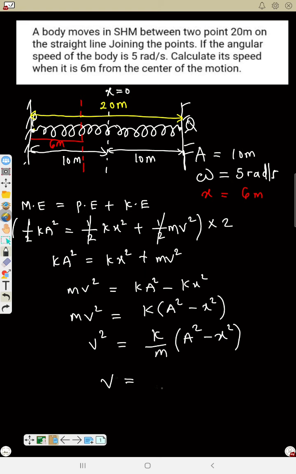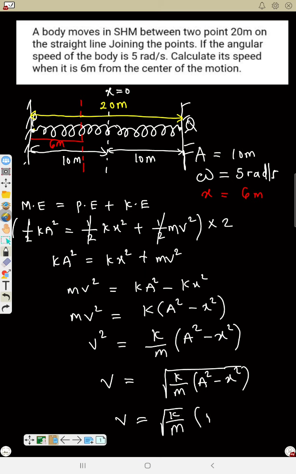Then v is equal to the square root of K over m bracket a squared minus s squared. Now we can separate the square root. That will be the square root of K over m times the square root of a squared minus s squared.